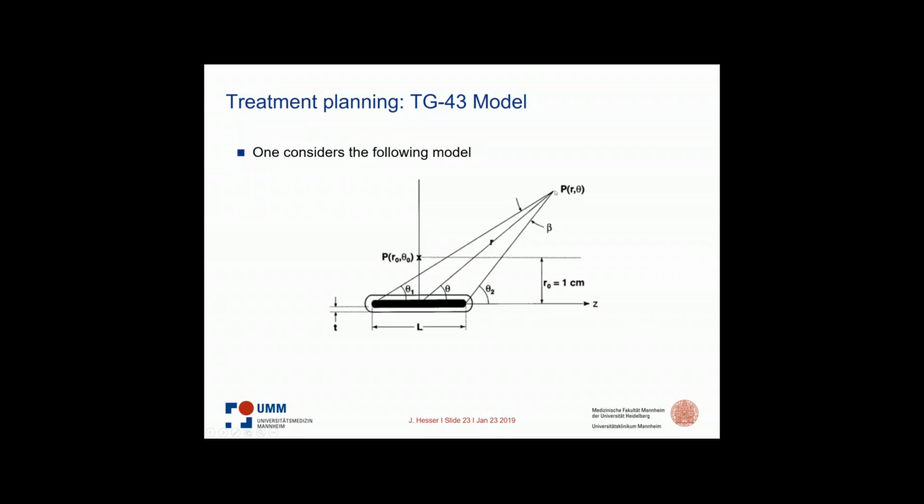Then we have a dose point that we want to calculate from this given source. This is P, at a different distance r from the origin, and a different angle theta between the vector r, from the origin to the point, and the z-axis.